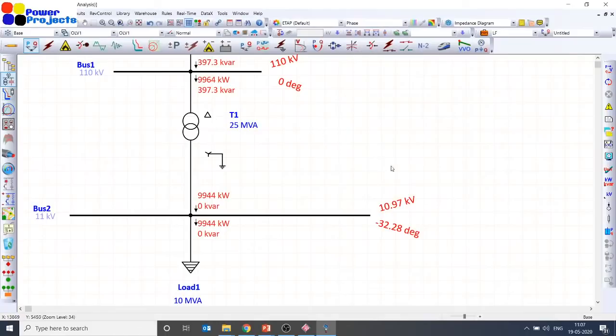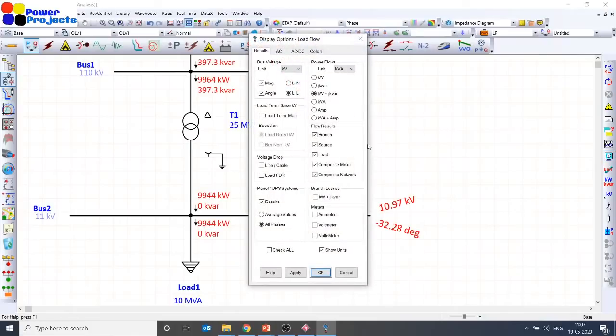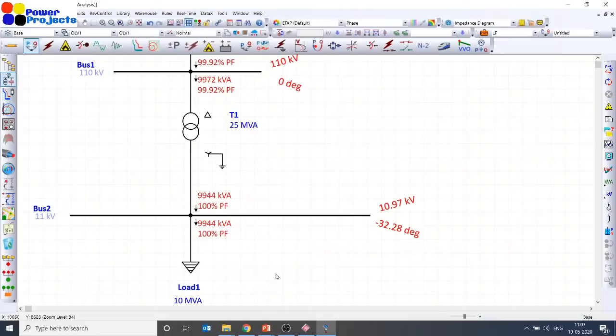So with that background, let's move on to the harmonic analysis. So far what I have run is only a load flow analysis. Look at the power factor as well in a load flow analysis. What's the power factor now? I have given a 10 MVA unity power factor load at LV, but it is not reflected as unity power factor, it is reflected as 0.9992.